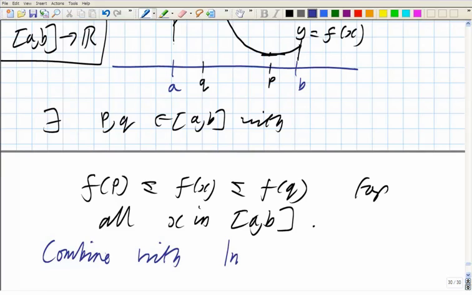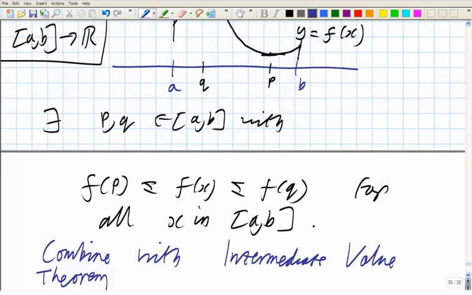Now, in this particular case, because you were working on an interval, you actually know that you get all the values in between as well, using the intermediate value theorem. The intermediate value theorem says you can't jump over any values, you can't miss any values out between two of the values you take if you're a continuous function defined on an interval.